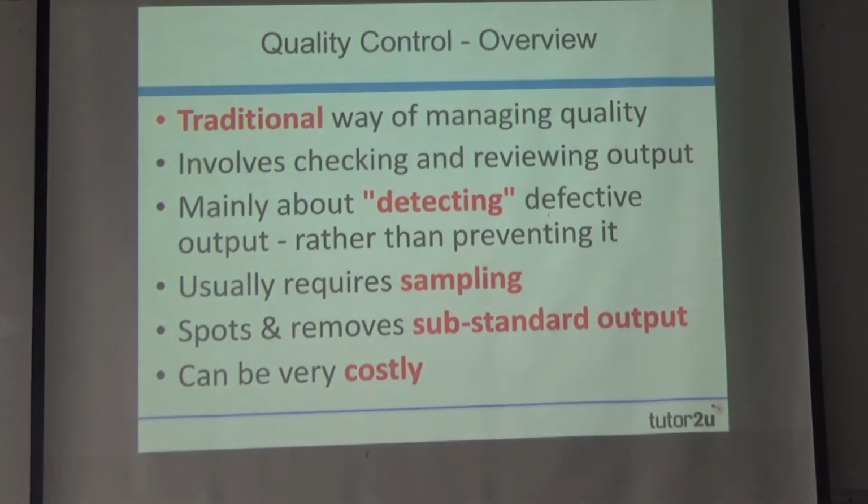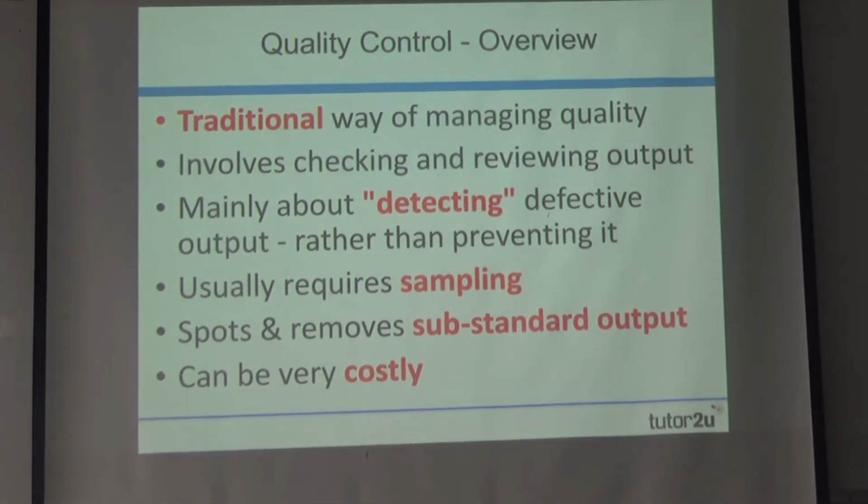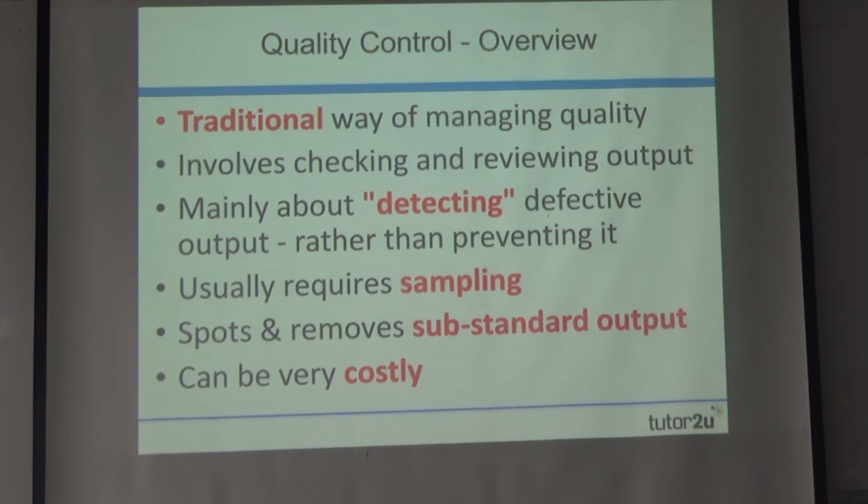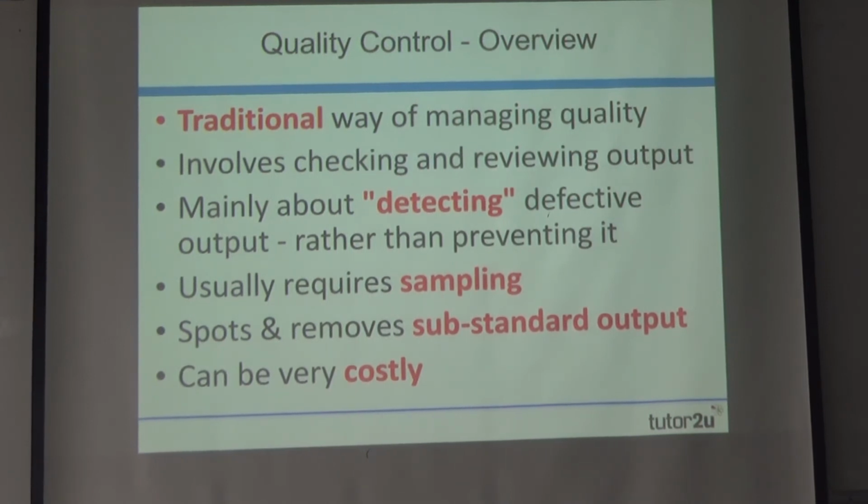A quick overview of what we mean by quality control. Well, firstly, it's a very traditional and still popular way of trying to manage the level of product quality. And it involves this concept of inspecting, trying to check and look at output as it goes through the production process. The main objective of quality control is to detect defective output rather than allowing it to go out and reach the customer.